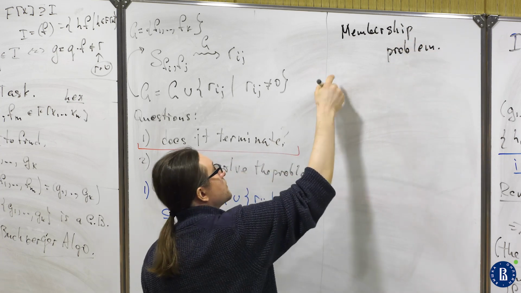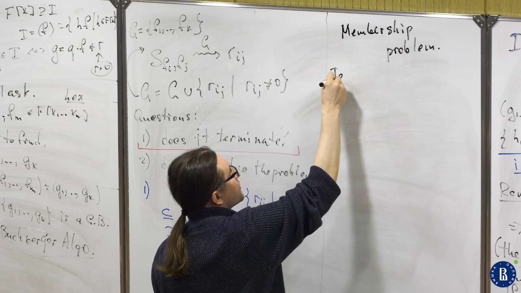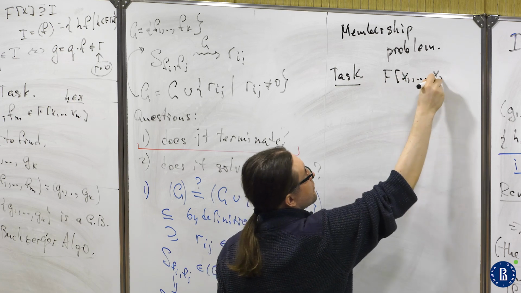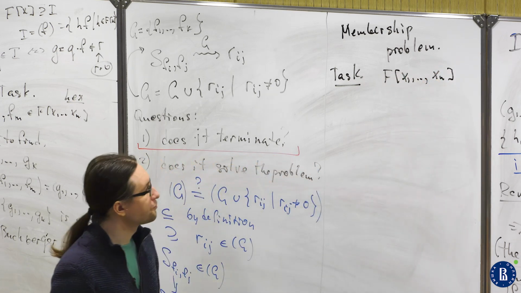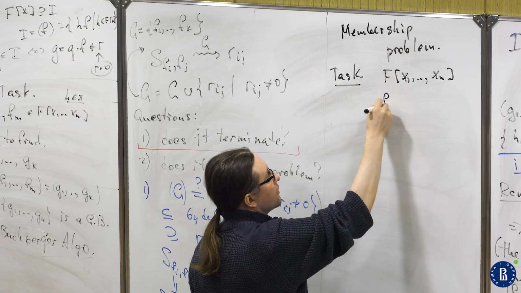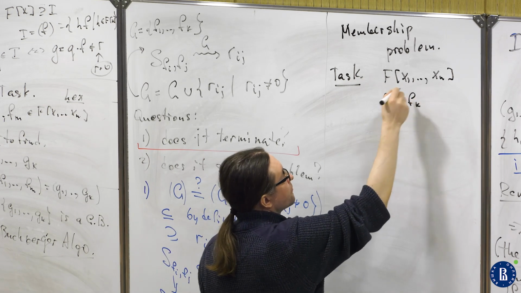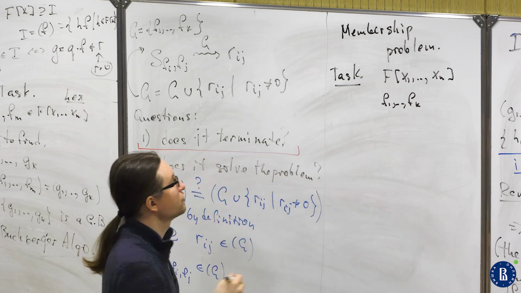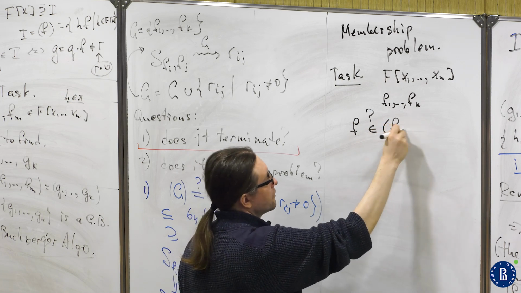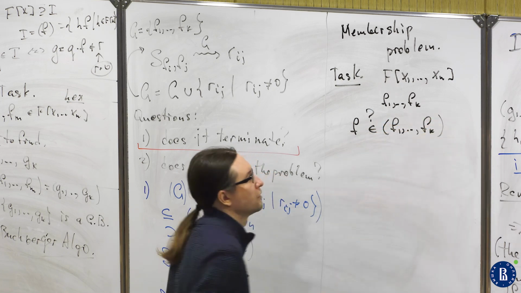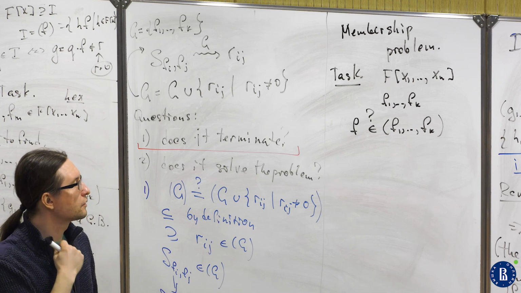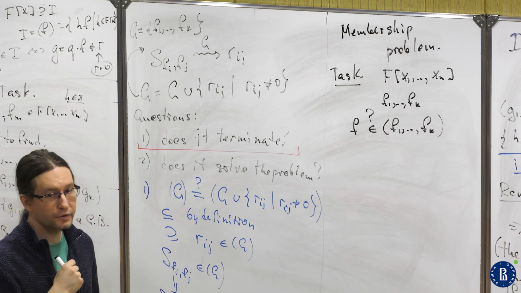So what is the task? We're given the set of polynomials f1, ..., fk. And now we want to check if a polynomial f belongs to the ideal generated by f1, ..., fk.